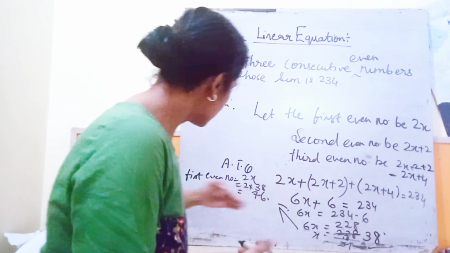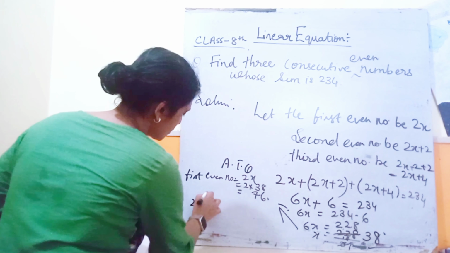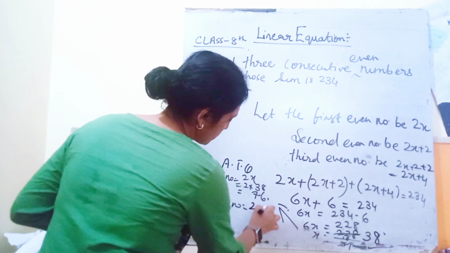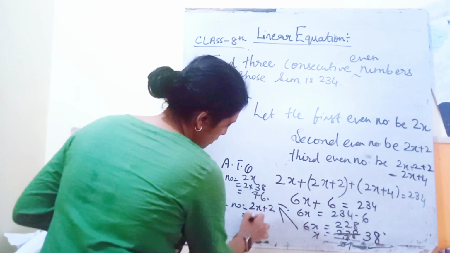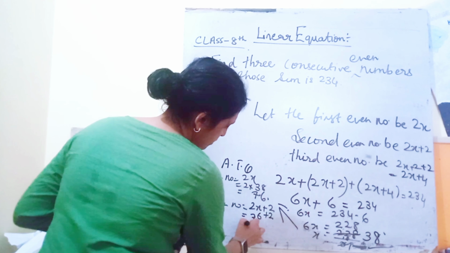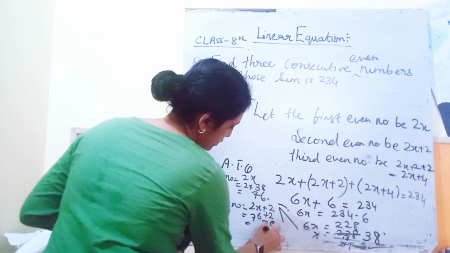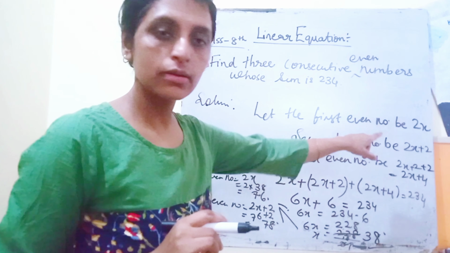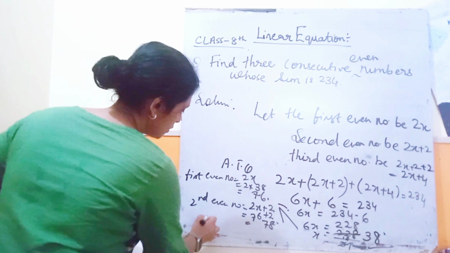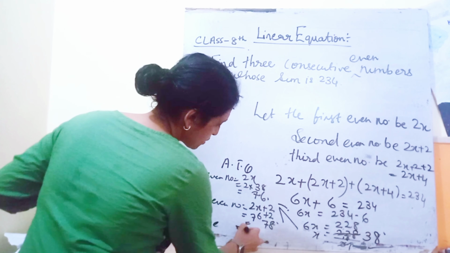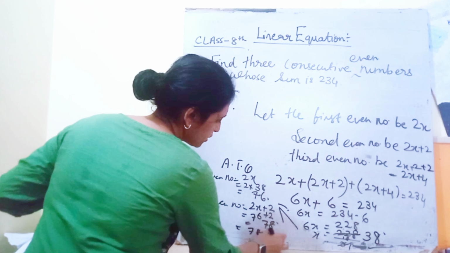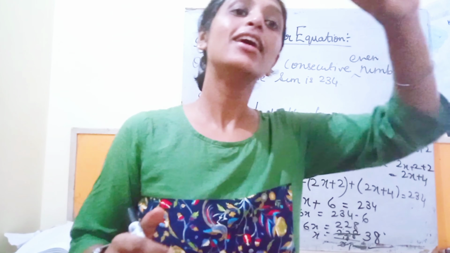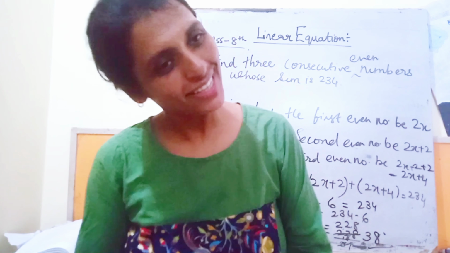The second even number will be 2x plus 2, that is 76 plus 2, that is 78. And then the third will be 78 plus 2, that is 80. So this 76, 78 and 80 are the 3 consecutive even numbers.